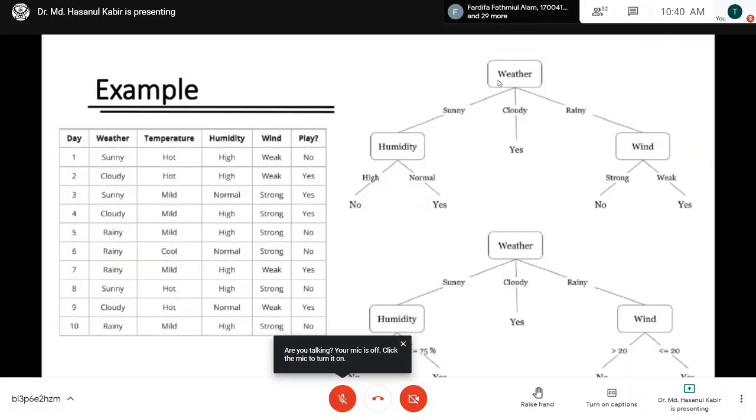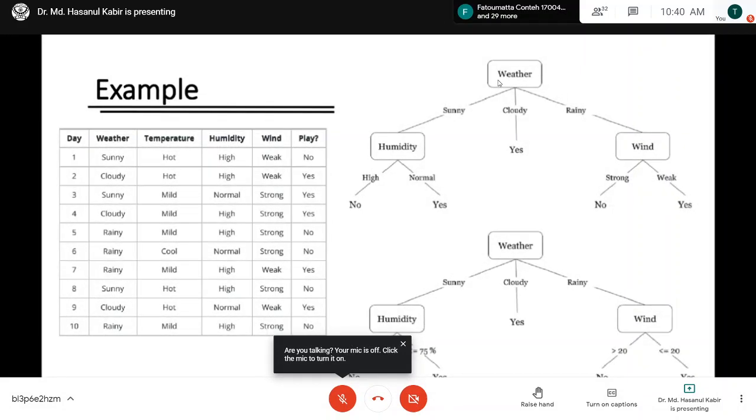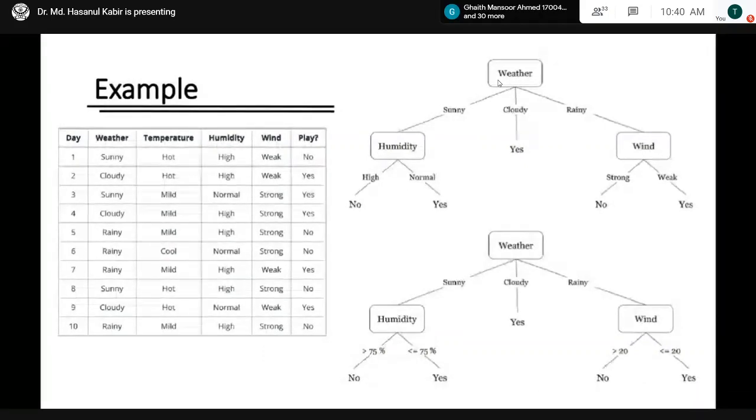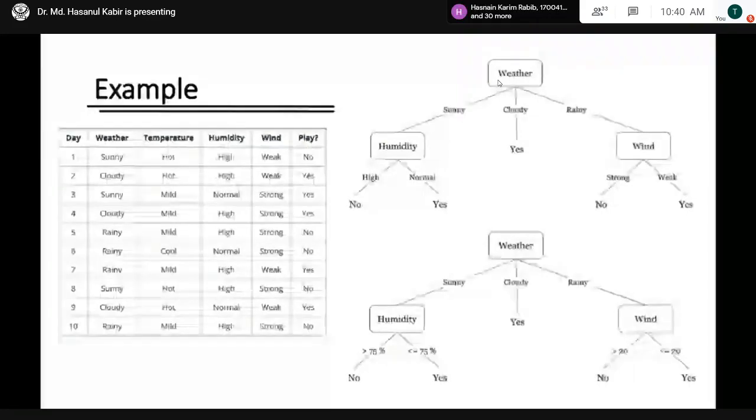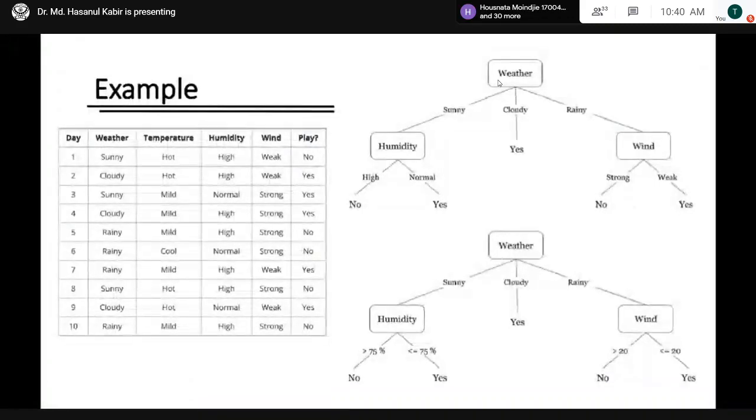Once you have reached there, how many different attributes can you choose to do the split? You could have chosen either temperature or humidity or wind. Yes or no? That means how many options did you have? You had 3 options, right?